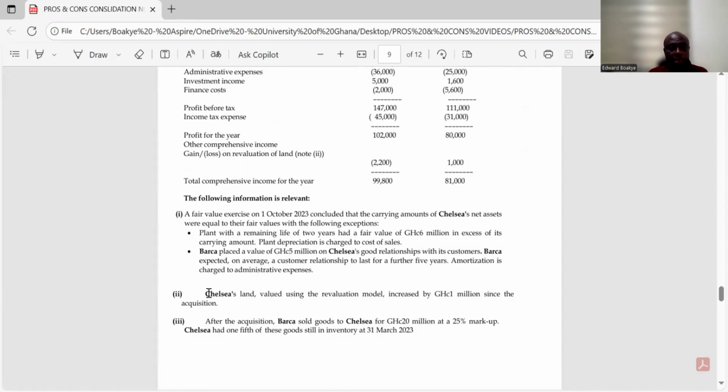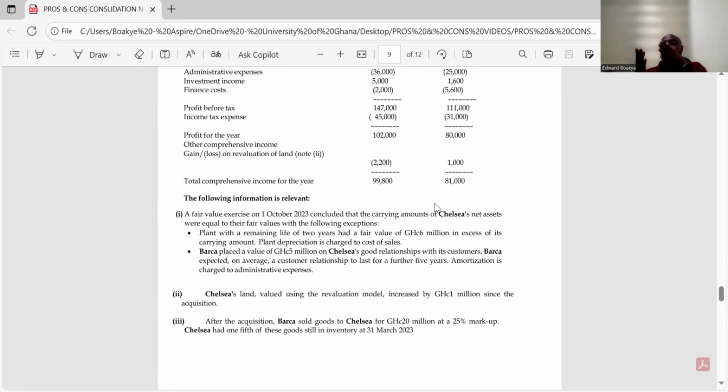But let's look at something. They said Chelsea's land value using the revaluation model increased by 1 million since the acquisition. This is a revaluation. With revaluation, we will deal with it another day because revaluation also is in IAS 16. So once we deal with revaluation, we will deal with this one as well.